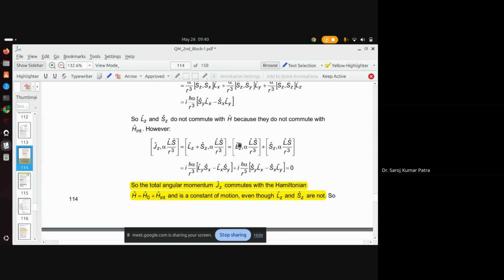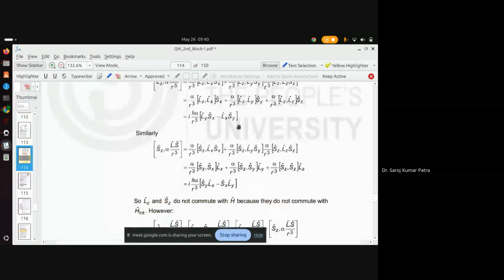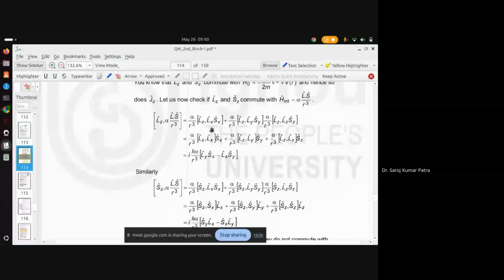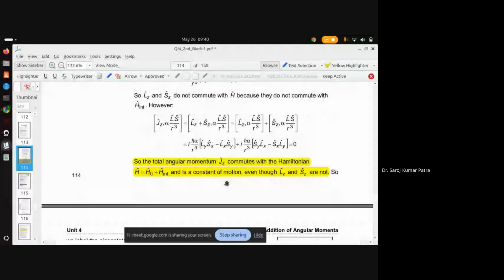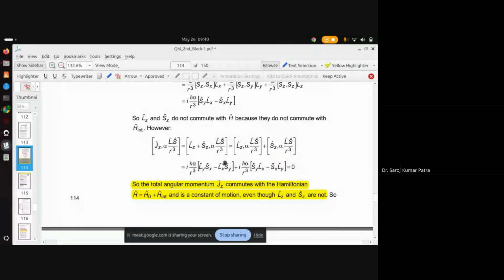This part we have already calculated: Lz commutator with L dot S and Sz commutator with L dot S. And if we add them both, we basically get 0. So Jz actually commutes with the interaction energy.